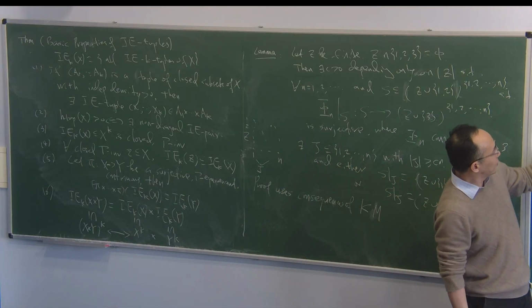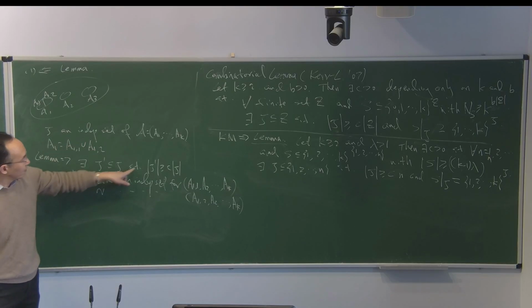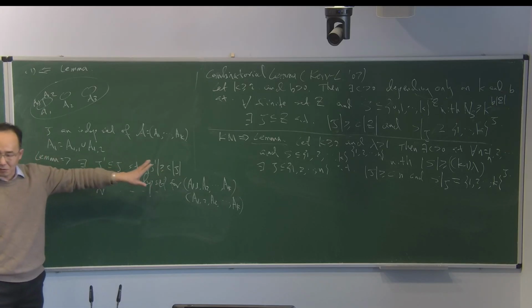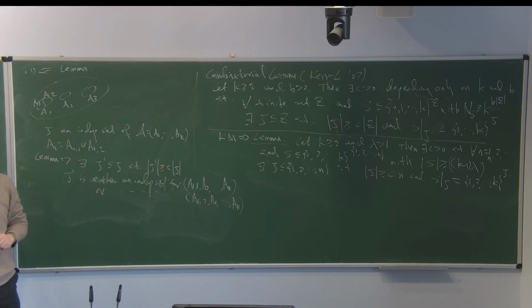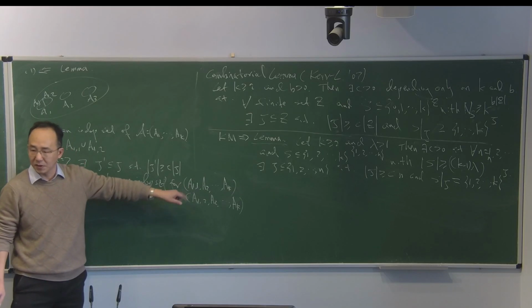But the condition here is that for any finite set in the group, you can find one independent set there with a certain density. Then this J prime, together with this condition, still has a certain density there. So you can get that at least one of them has positive independence density.